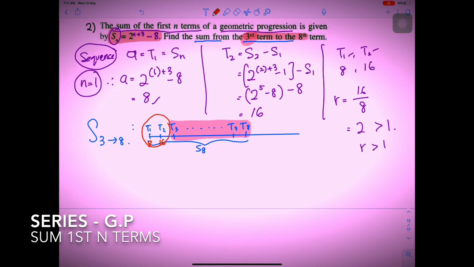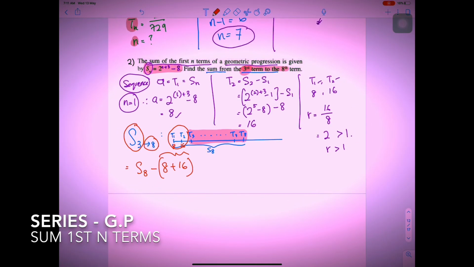So the sum of the third term to the 8th term is S8 minus (8 plus 16), because this is the sum of the first and second terms.